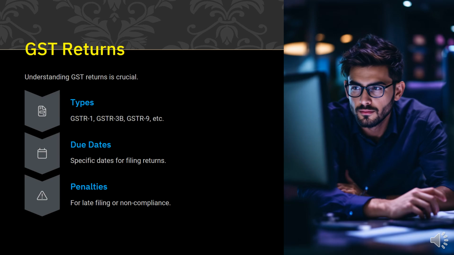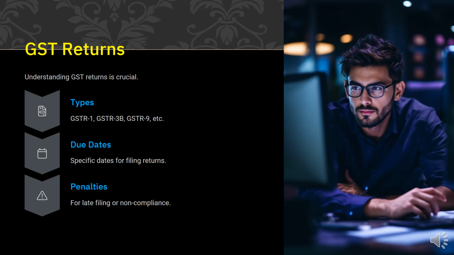It should be filed by a person having a unique identity number. These have to be filed monthly, quarterly, or yearly. And also this GSTR10 should be filed only once, and GSTR11 should be filed by the 26th of the next month.